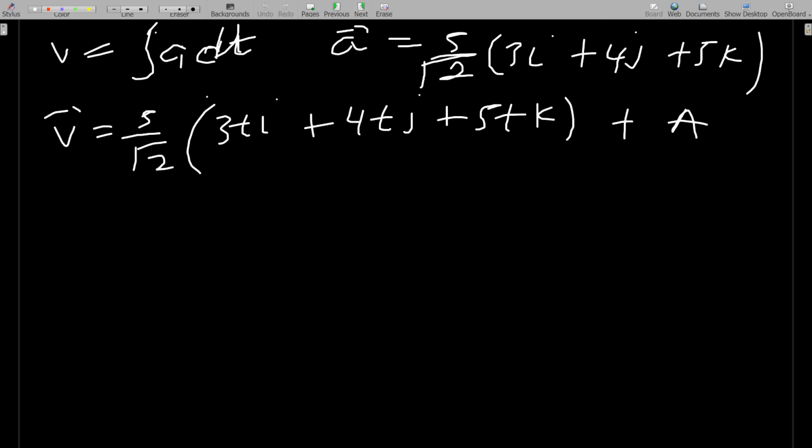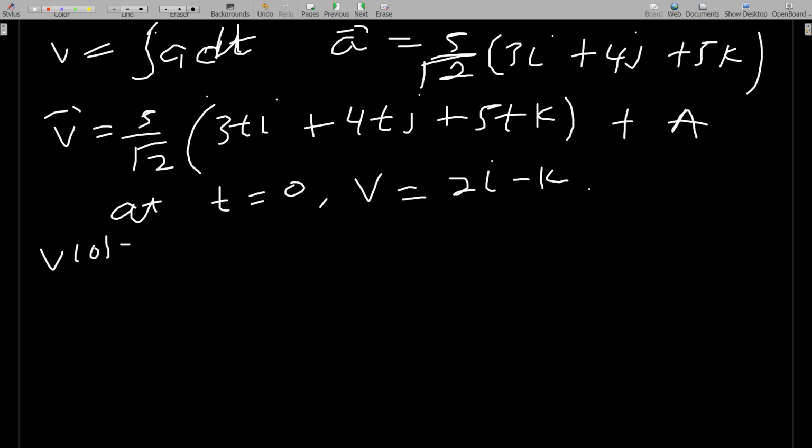So starting at t equals 0, we have velocity being equal to 2i minus k. Let me write it: 2i minus k. So this simply means that my v of 0 should be equal to 2i minus k, and that should be equal to putting t equal to 0 in place of all these.